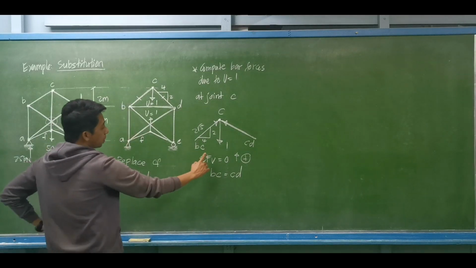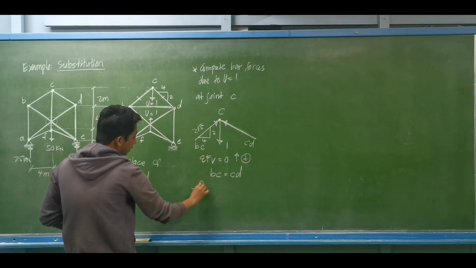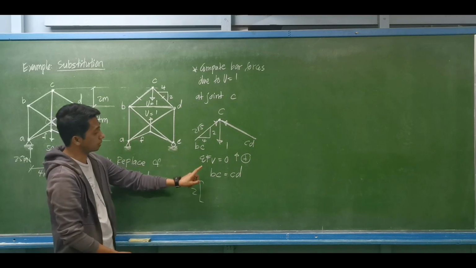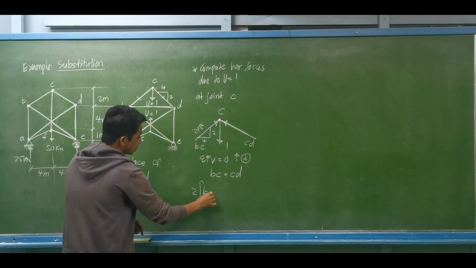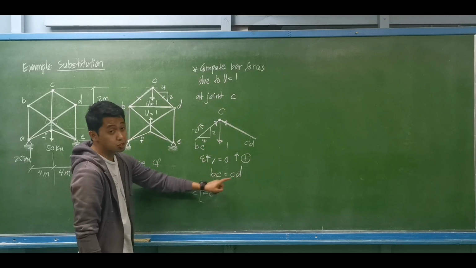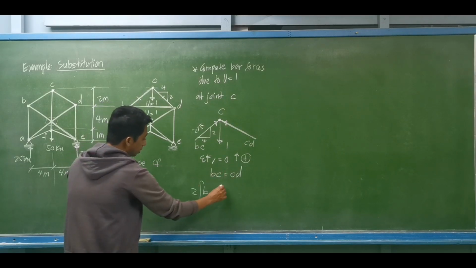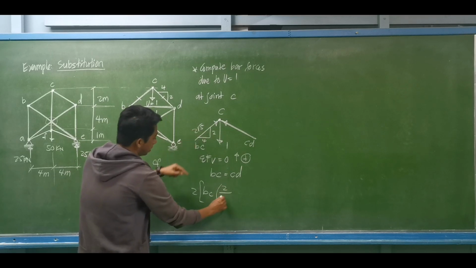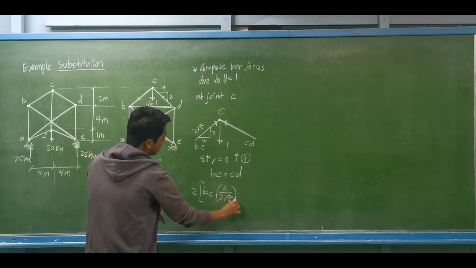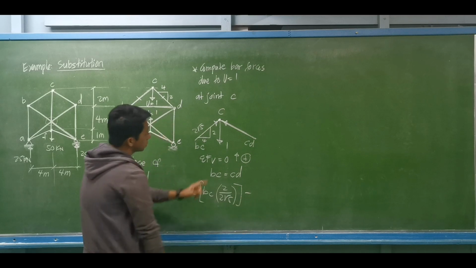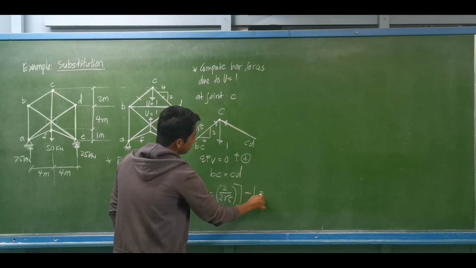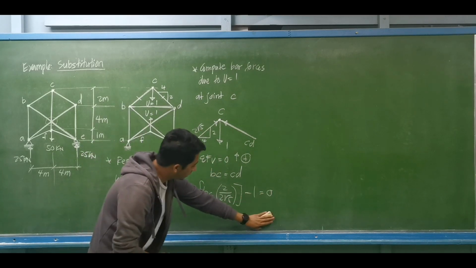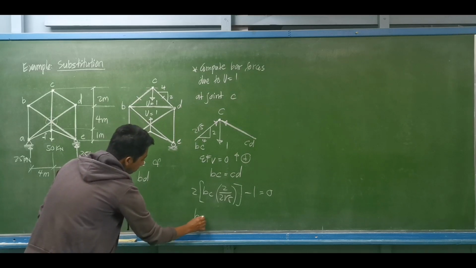What is the vertical component of BC? I will just use BC since BC and CD are similar. The BC vertical component is 2 divided by 2 square root of 5, then minus 1 equals 0. What will be the magnitude of member BC?